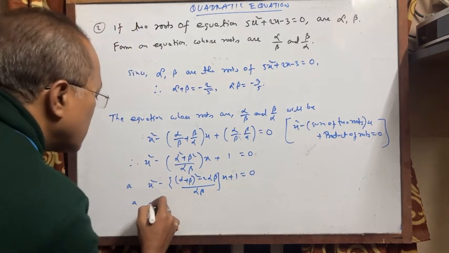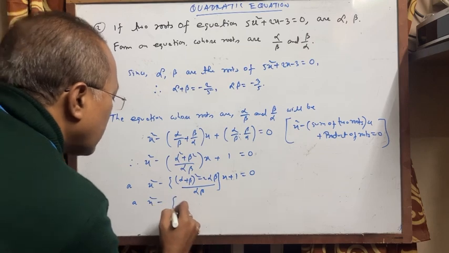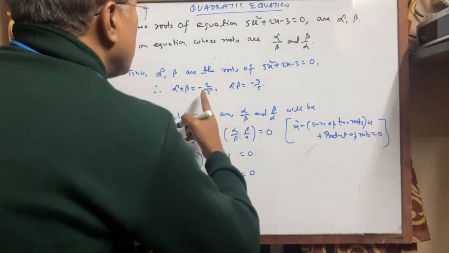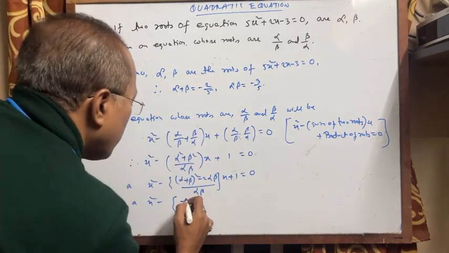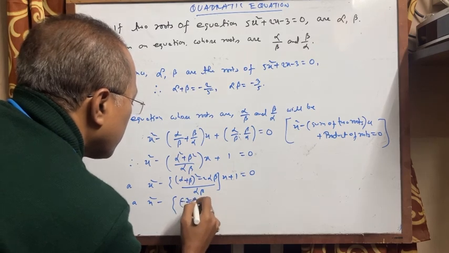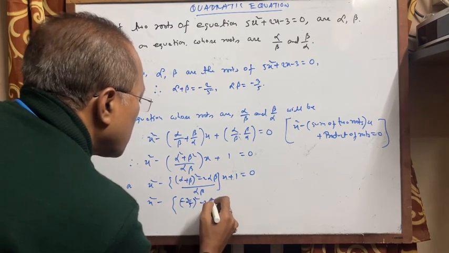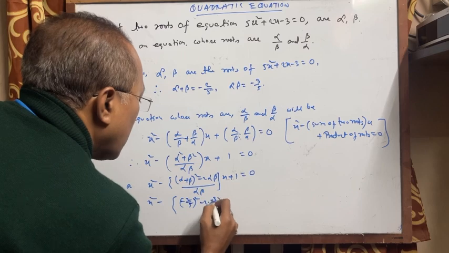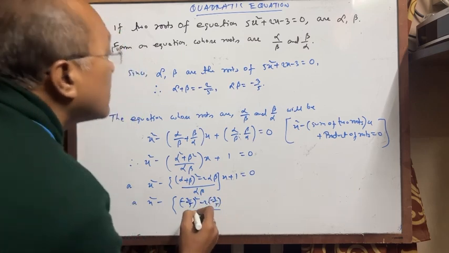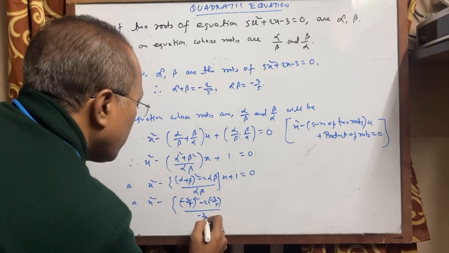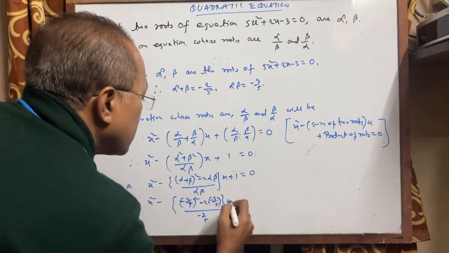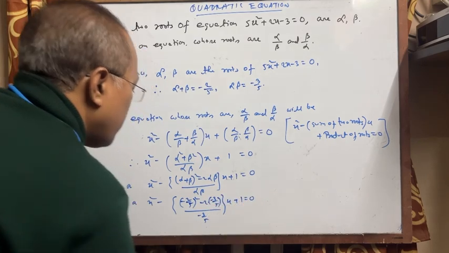After putting the values, it is coming like alpha plus beta is minus 2 by 5 whole square minus 2 into minus 3 by 5 divided by minus 3 by 5. Okay.